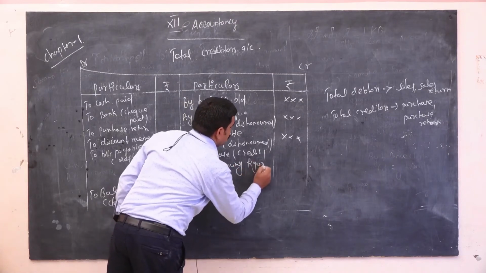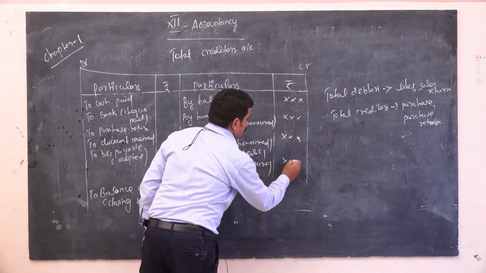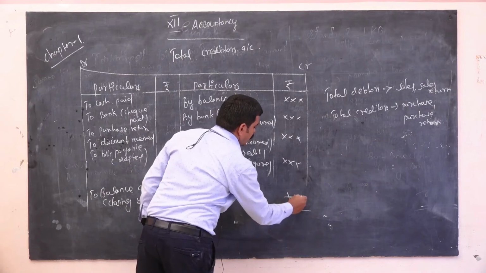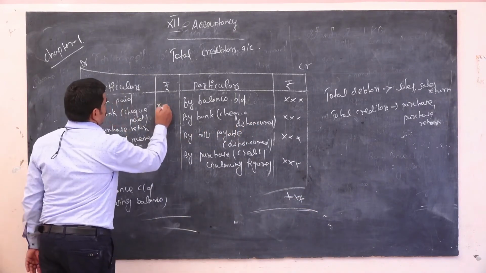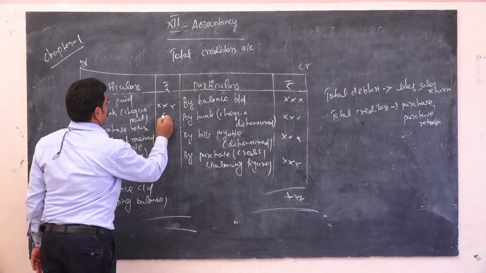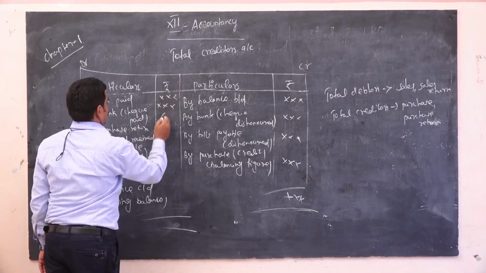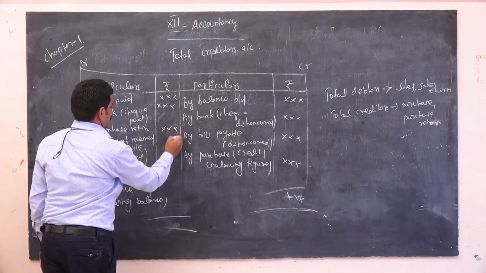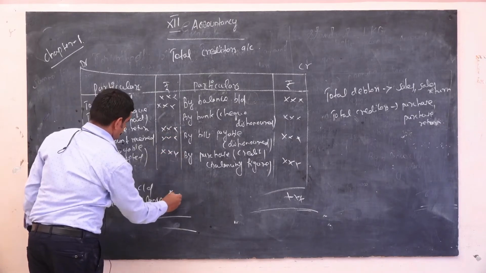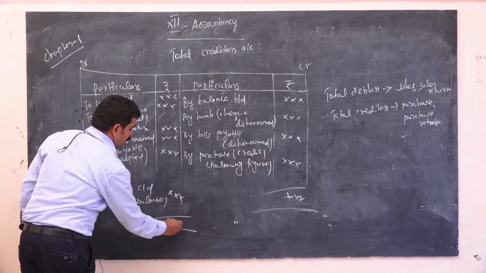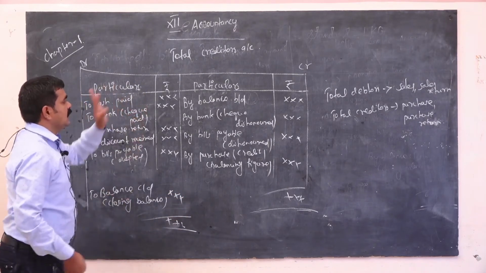Balancing figure amount. This is a format of the total creditors account.